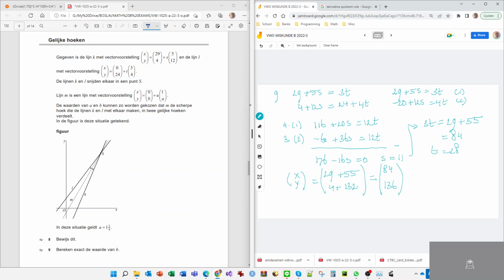And now we need to find a b for which this line is on it. So this has to be equal to (0, b) plus some value of u times (1, a). And what was a again? 7/4.